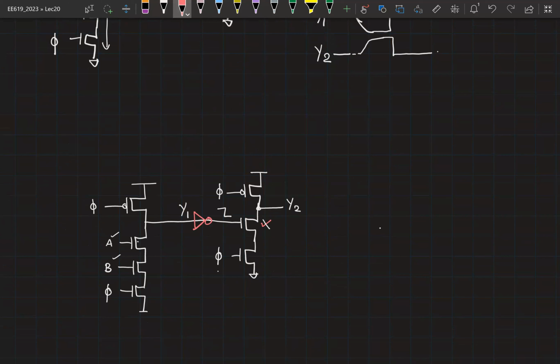We will discuss that in a minute. So the circuit being suggested now is to have Y1, Y2, Y3, Y4.